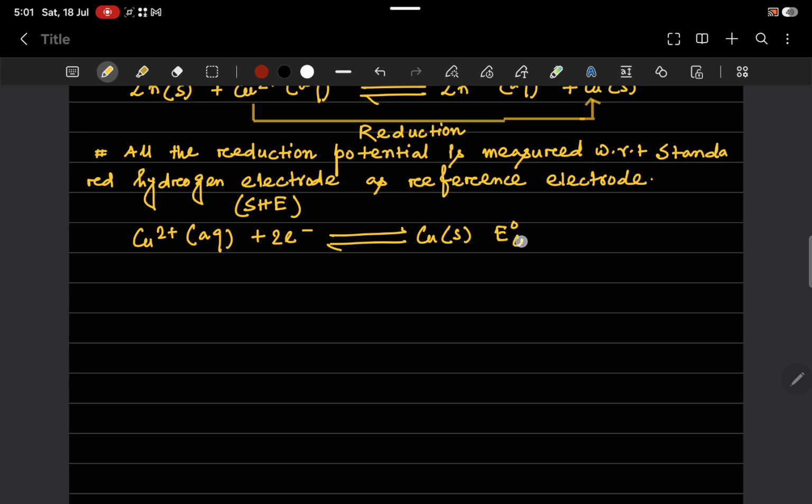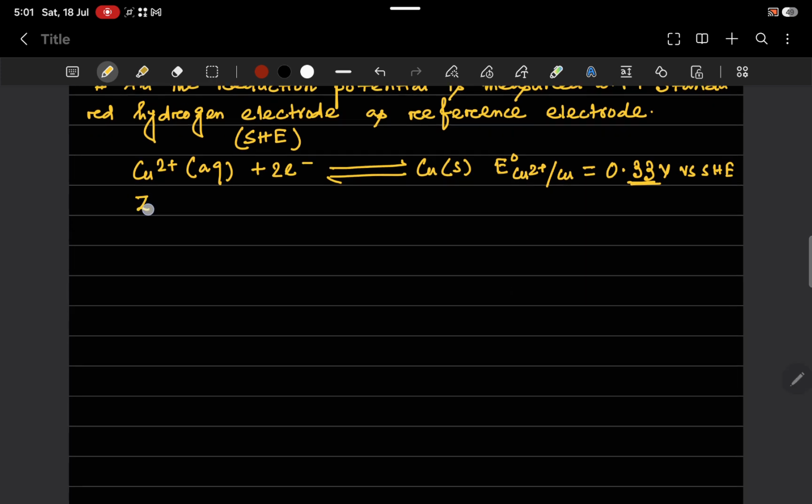E0 copper 2 plus/copper is called the reduction potential, 0.334 versus SHE. It means copper 2 plus will be converted to copper if we apply this much potential with respect to the standard hydrogen electrode.